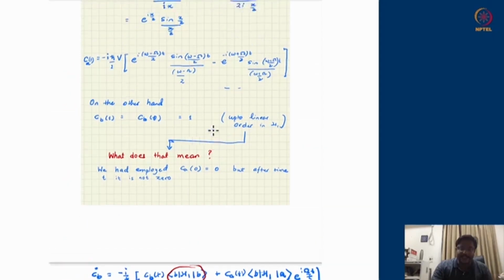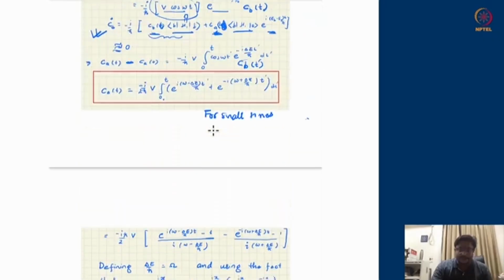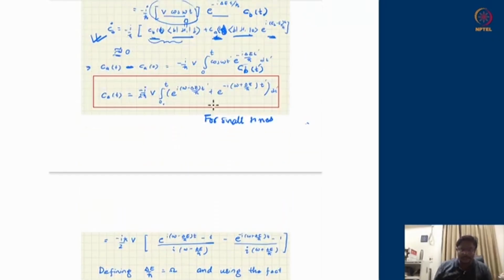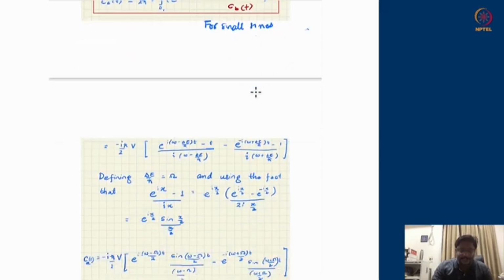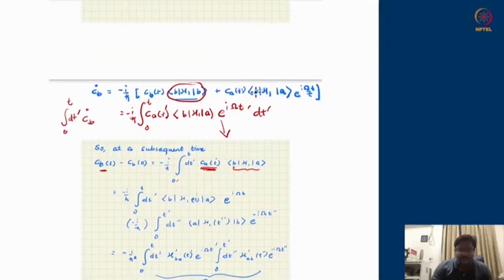I need to know what were the coefficients Ca as well. So Ca can be obtained from the equations which we just wrote down here. The true equation was Cb of t was here, but for small times I could ignore Cb of time t to be 1. But for all general times, a Cb of t is supposed to come over there. So let me write down the equation for Ca dot as well. So let me use this space.